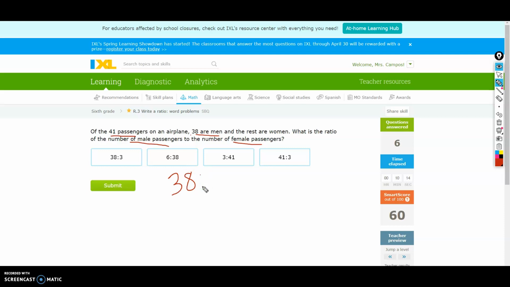And we want the number of female over here. Well, we know there's 41 total passengers, and we know 38 of them are men. So if we subtract, we're going to get 3 as the number of female. So we're going to do 38 to 3.